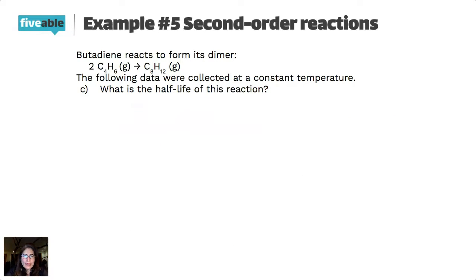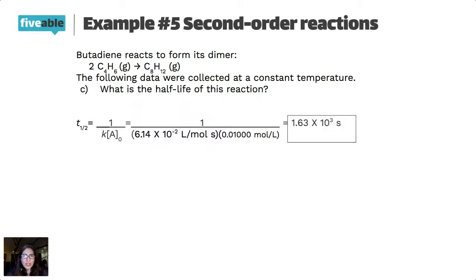And then if they ask you the half-life of the reaction, you use the equation for half-life, plug in the values, and careful here, make sure you get the correct initial concentration or the correct reciprocal of the initial concentration. And then you will get the half-life as well doing the calculations.